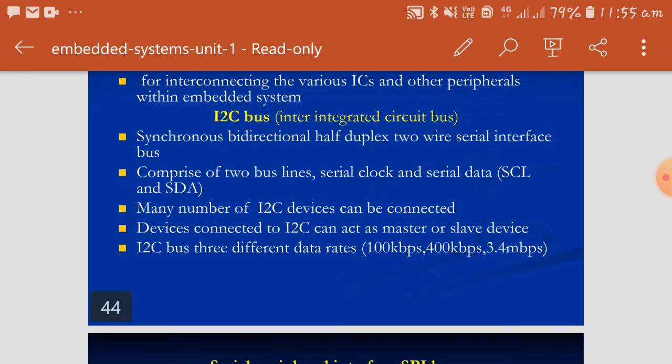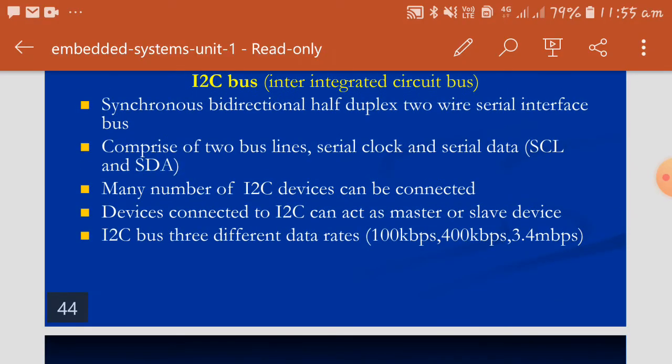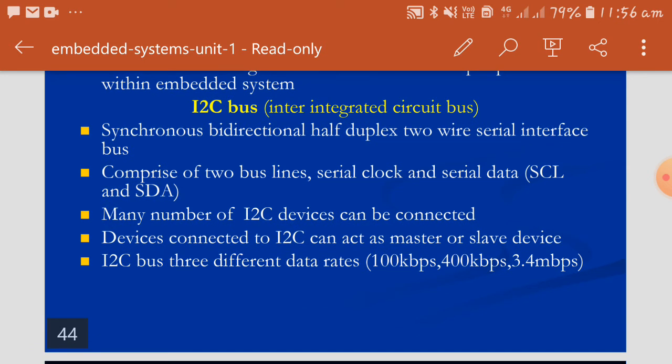In the onboard communication interface, the first one is I2C, or I2C bus, known as the Inter-Integrated Circuit bus. It is a synchronous, bidirectional, half duplex, 2-wire serial interface bus. Bidirectional means communication in both directions.